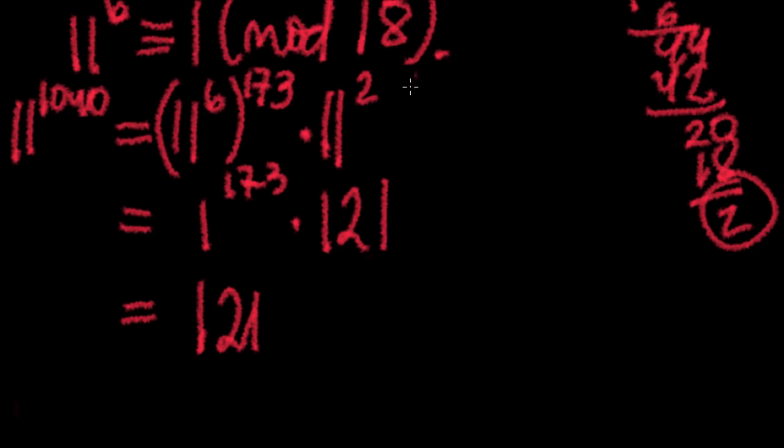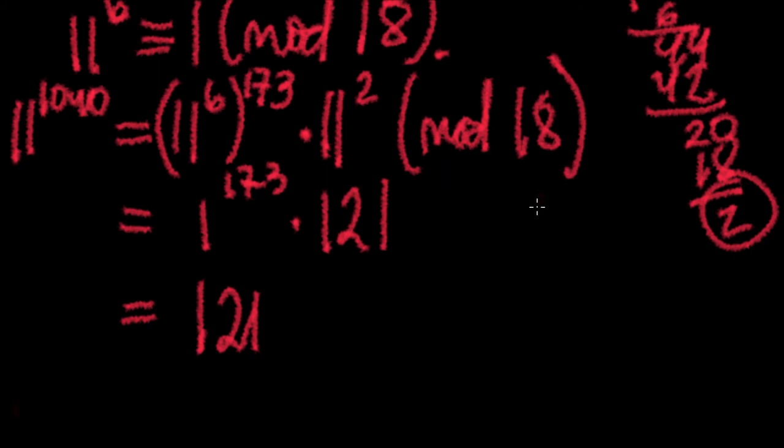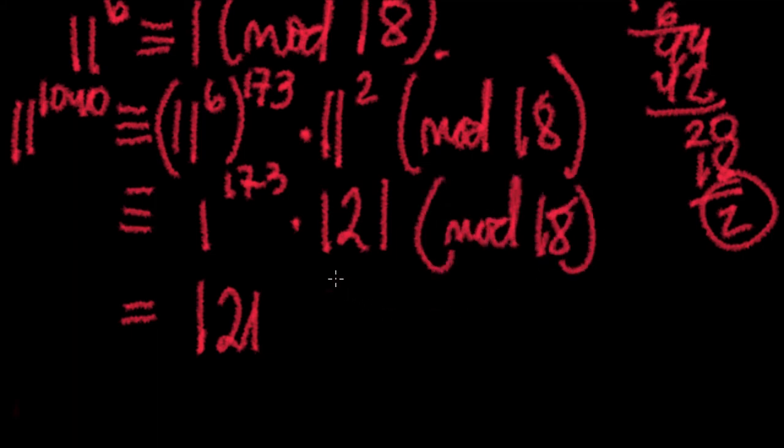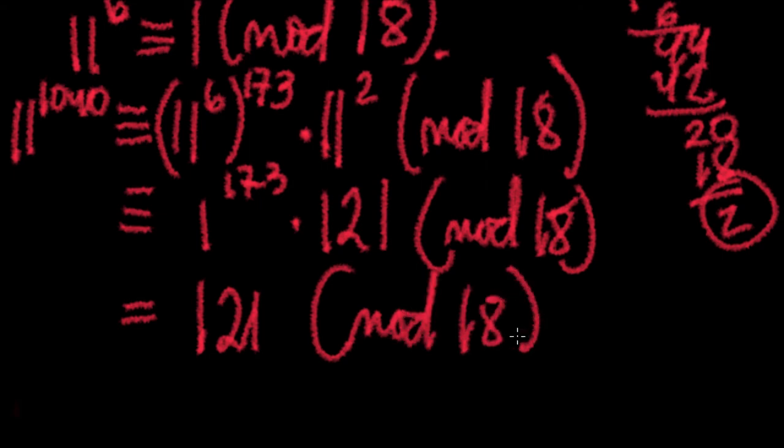Again, we are in the universe of mod 18 here. So since we are in mod 18, what is the remainder of 121 if we're going to divide it by 18?